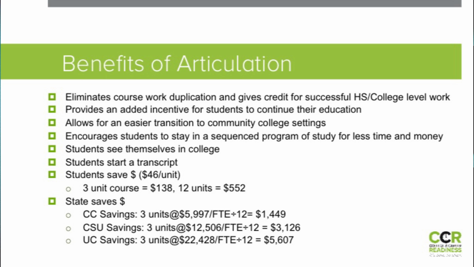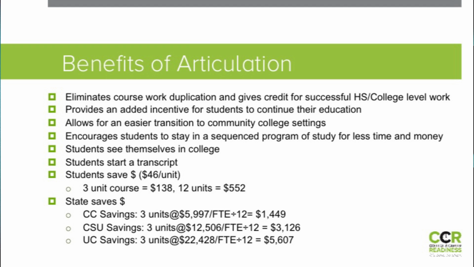So you can see here, of course, easier transition to community college settings. Once a student has articulation credit or college credit on their transcript, it's going to make for an easier transition. And many of our colleges have provisions in place that allow for higher priority enrollment for students that have a certain number of units on their transcripts already. It encourages students to stay in that sequenced program of study.